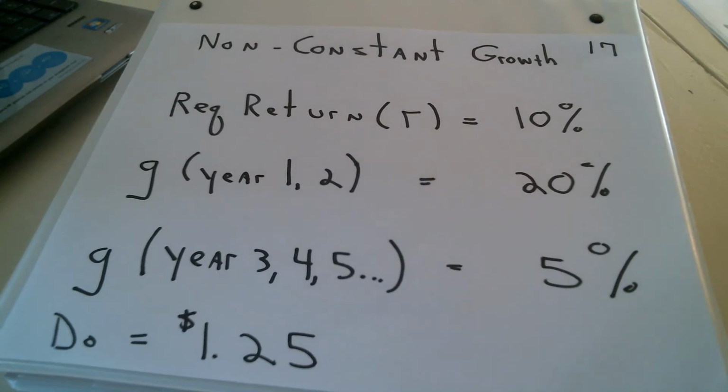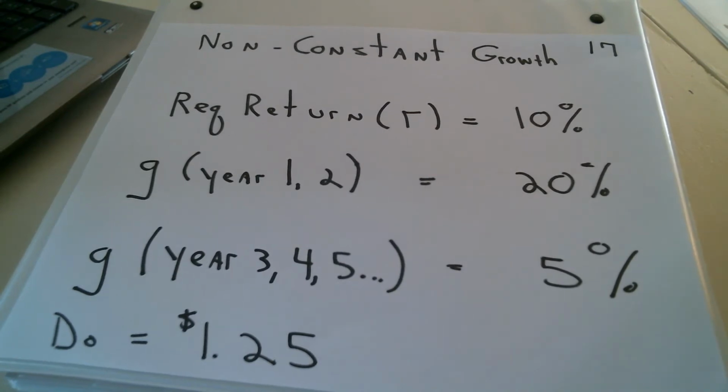So, a couple of terms. Again, the required return is this R. Let's say that's 10%. G is the growth. For years 1 and 2, growth, and for subsequent years following that, years 3, 4, and 5 thereafter, is at 5%. And we also know the dividend paid today.